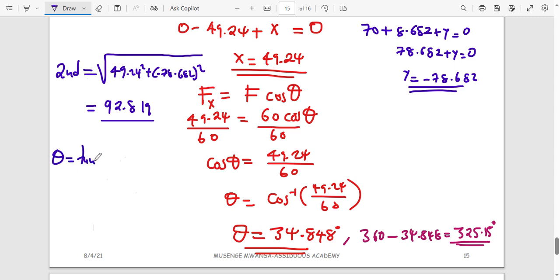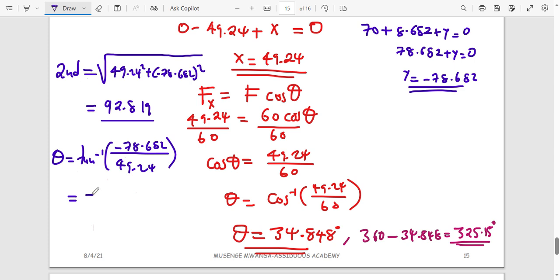The direction will be theta. That's given by tan inverse of the y component over the x component. The y component is negative 78.682 and the x component is 49.24. So that is going to be tan inverse of negative 78.682 divided by 49.24.